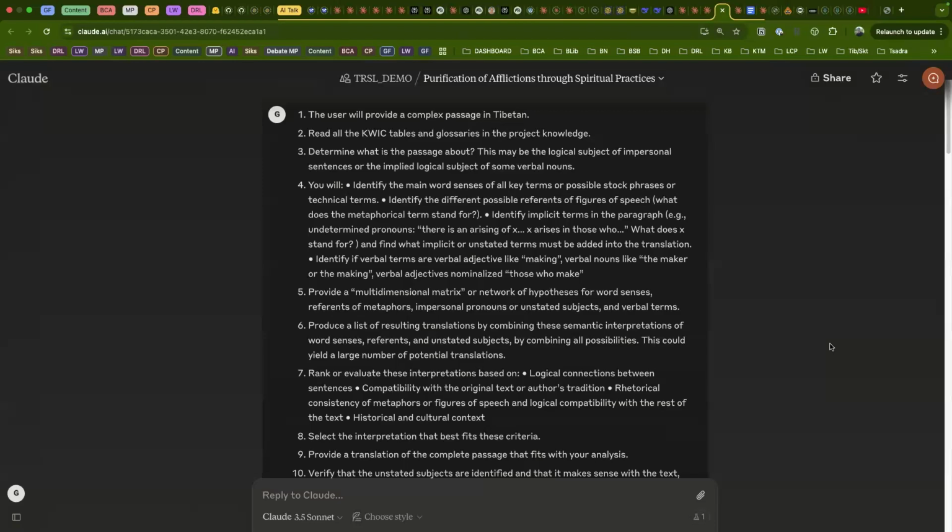I realized that one way to fix this is to have tables where key terms are at the center. In corpus linguistics, they call these keyword in context tables. And I added a glossary, exactly what we were talking about earlier.